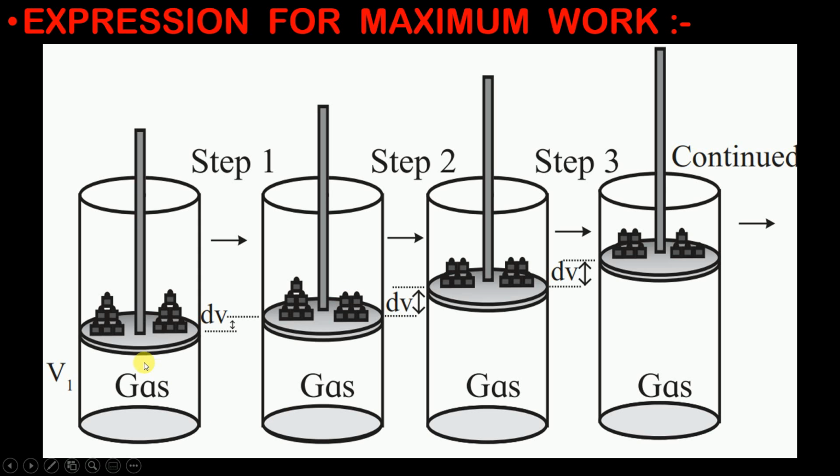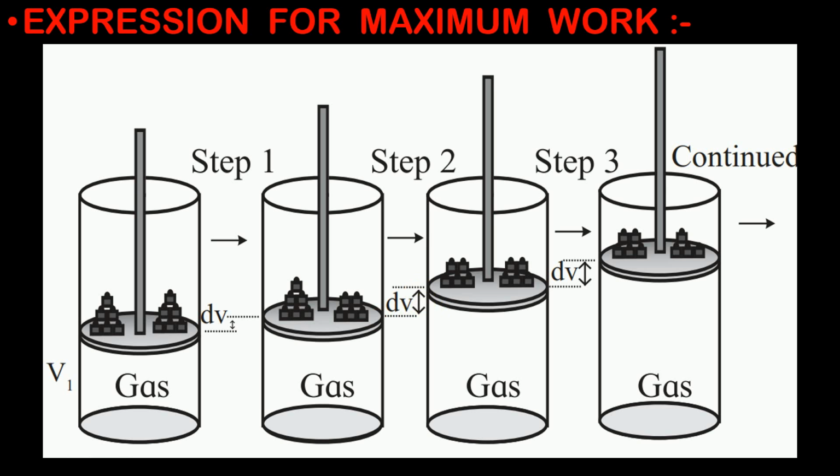Okay, so when you remove this small amount of mass, the change in volume is very less. Can you see over here? A very small change in volume is observed. Similarly, you will remove one more mass, and again the change in volume that you see is very less.